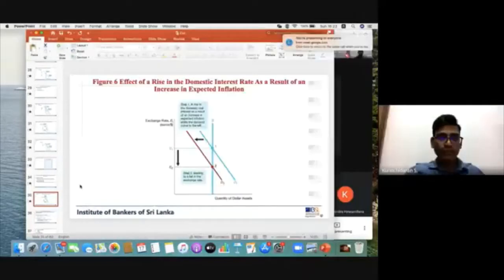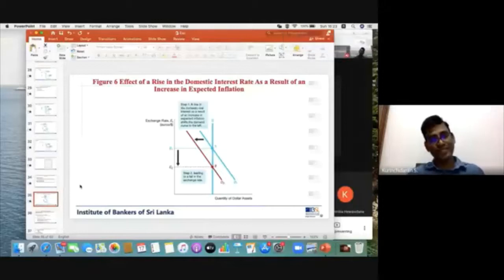Okay, up to now we have seen what the exchange rate is, how it is determined, what's happening in the long run, and what the relevance of the law of one price and PPP, purchasing power parity, is.